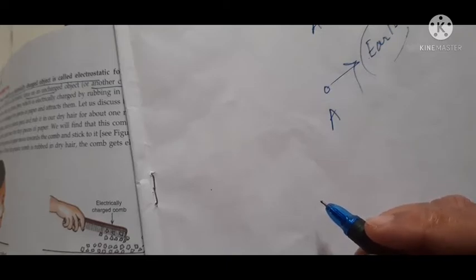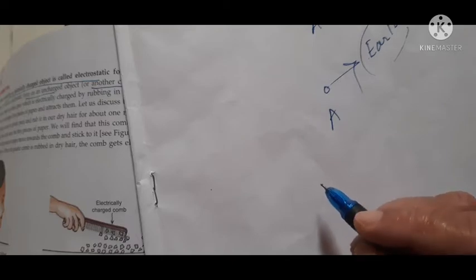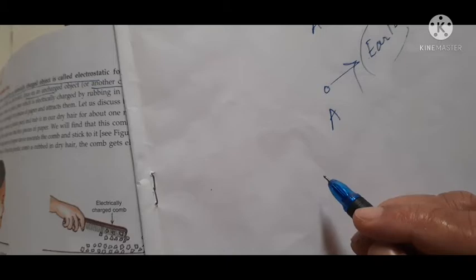So Earth also attracts the objects, so there is a force of attraction between Earth and other objects. We can say there is a gravitational pull. Since the size of the Earth is very, very big, Earth exerts a gravitational pull on all the objects, and all the objects fall down towards the Earth.